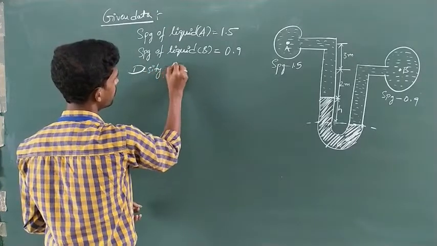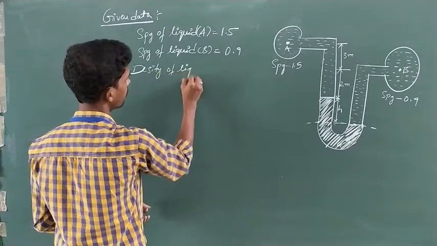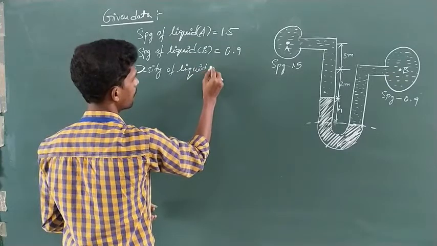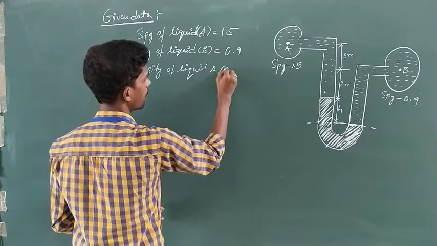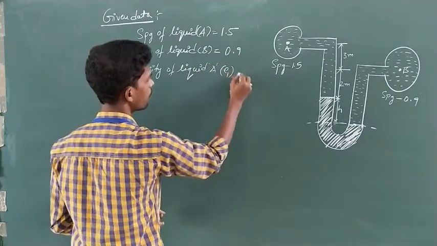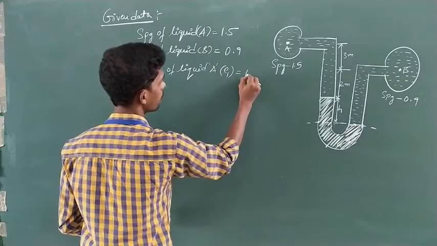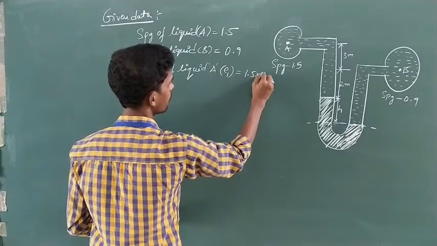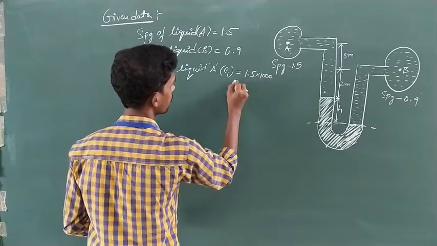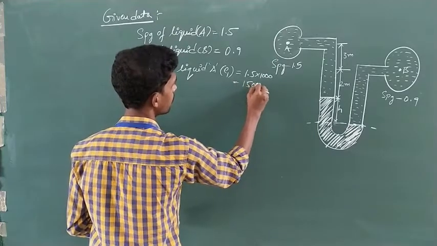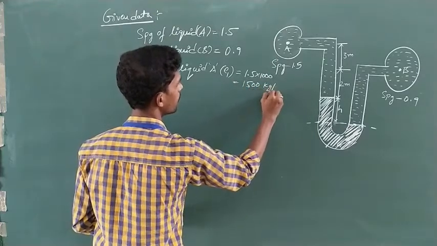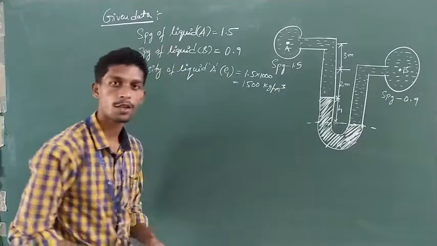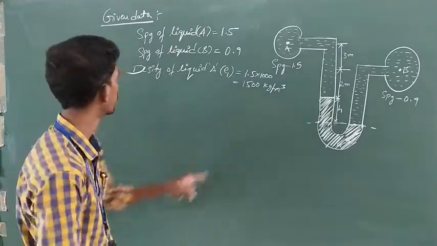So what about the density of liquid A? That is ρ1, right? So 1.5 into 1000, right? What is the density here? 1500 kg per meter cube.